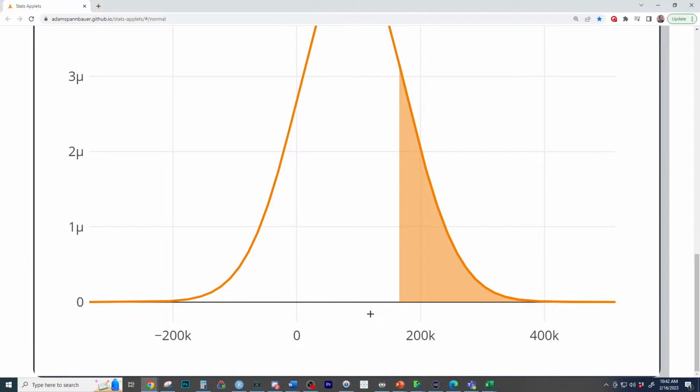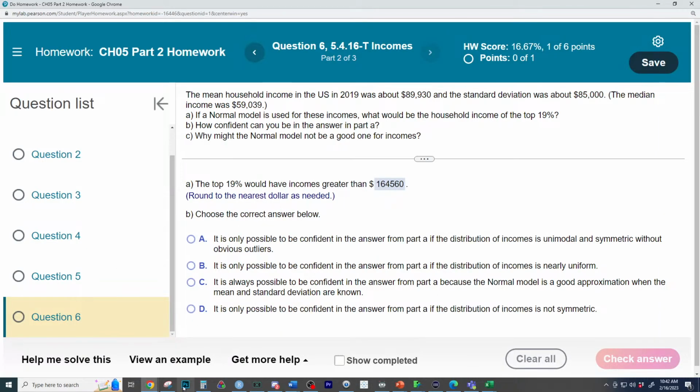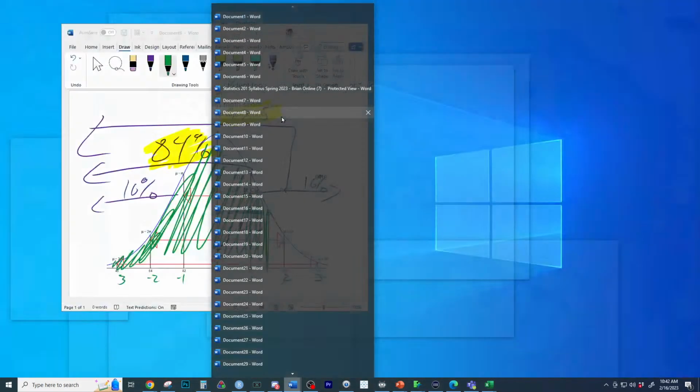So if this is the distribution, what's the problem with it? Got like 200,000, 400,000, negative 200,000. Remember, these are incomes, right? So they shouldn't be negative. We shouldn't see negative. And so probably this data is skewed, and it's very exemplified by the mean being higher than the median. So if you look here at the mean of 89,000, if data is symmetric, where should the mean and the median be?